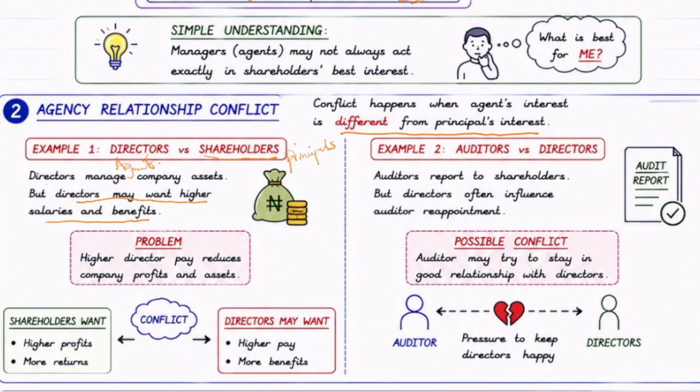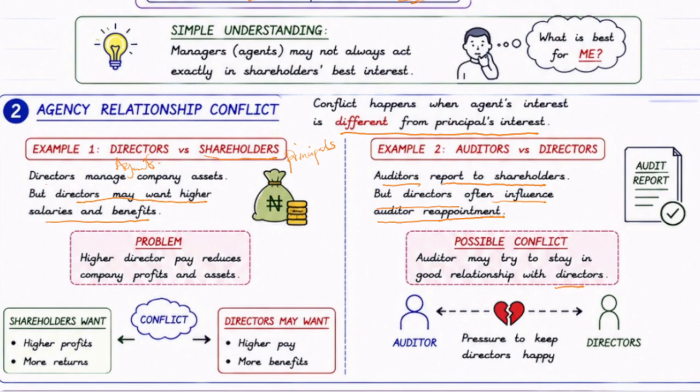So, auditors and directors now. Auditors report to shareholders, but directors often influence auditor reappointment. Now, what is the possible conflict here? Auditor may try to stay in good relationship with director, and also has the obligation to give true and fair view of what the director has prepared.